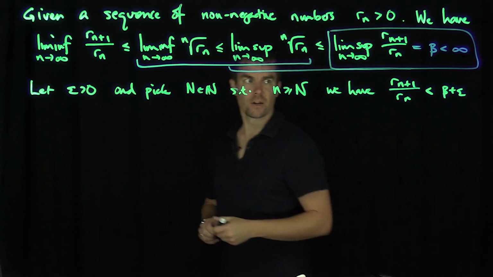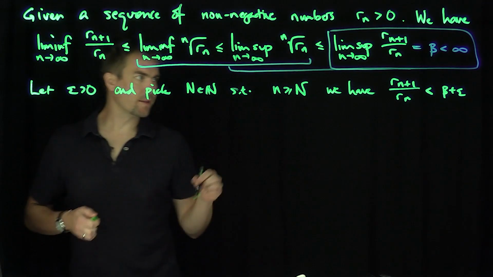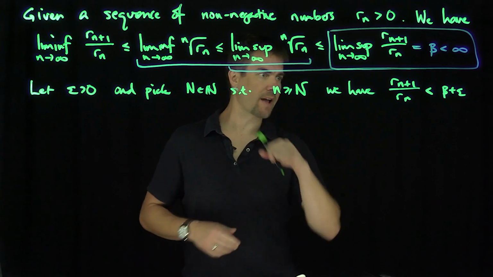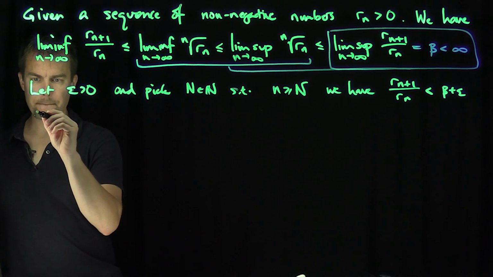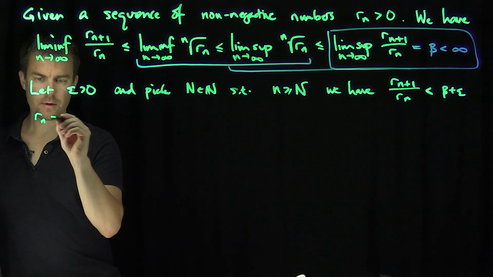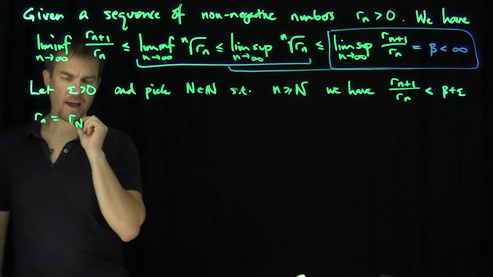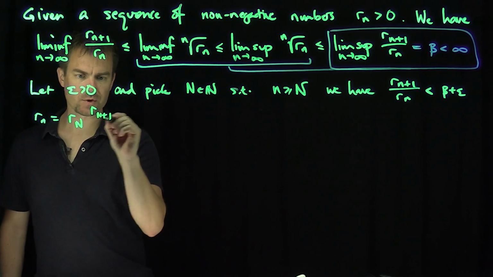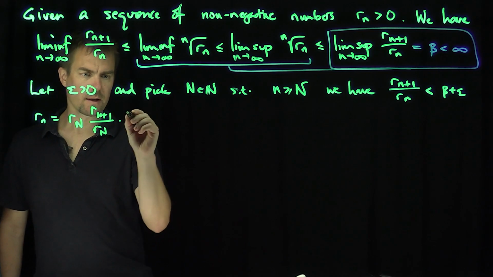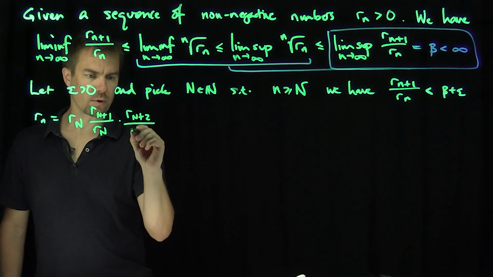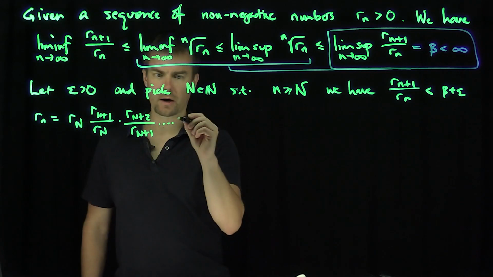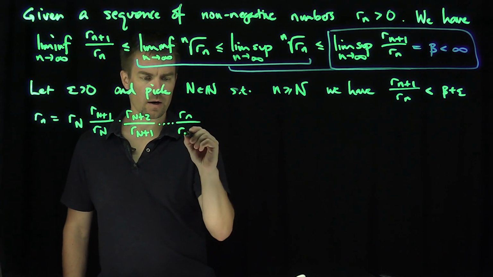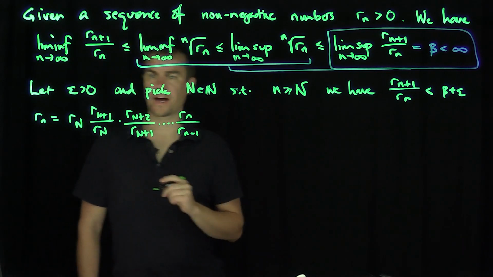And so now what we're going to do is the following. So this is true in particular if I plug in n. So now we can say that Rn is R_N, then R_{N+1} over R_N times R_{N+2} over R_{N+1} times all the way down to R_n over R_{n-1}, like that, okay?